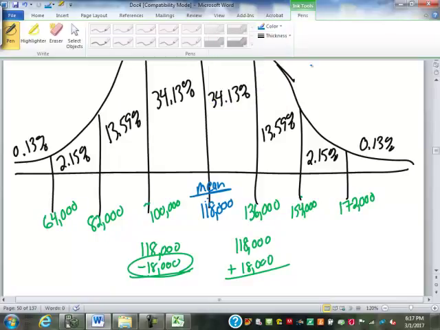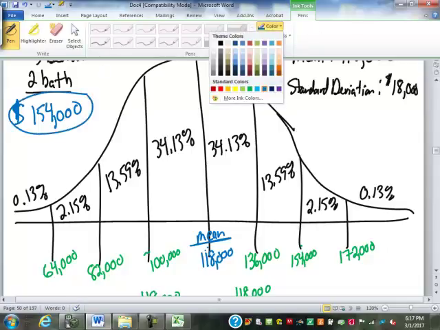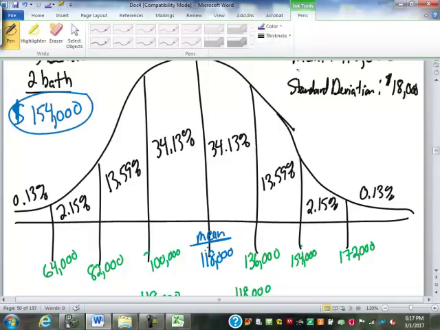So now let's say that you are looking at these homes and you find a home that you absolutely love. It's $154,000. And your realtor is putting the pressure on you, saying you need to put in an offer at that price, accept their selling price right now. This house isn't going to stick around very long.